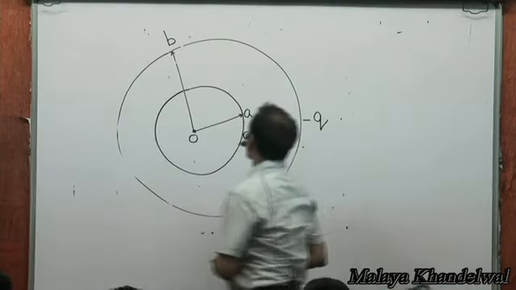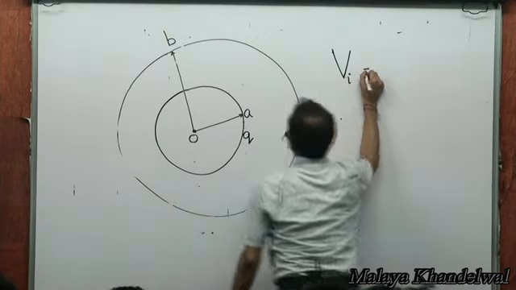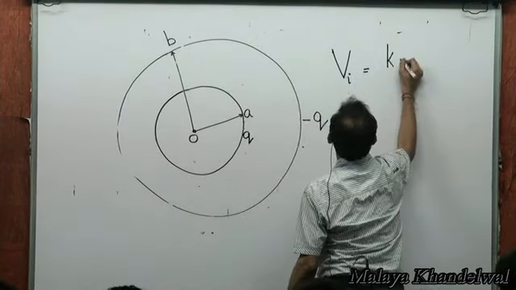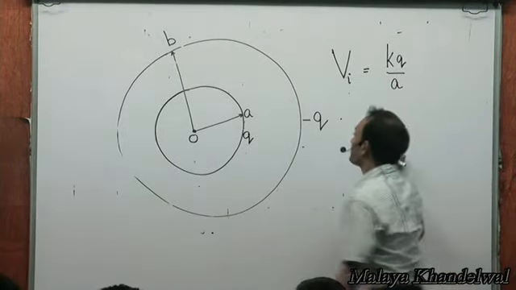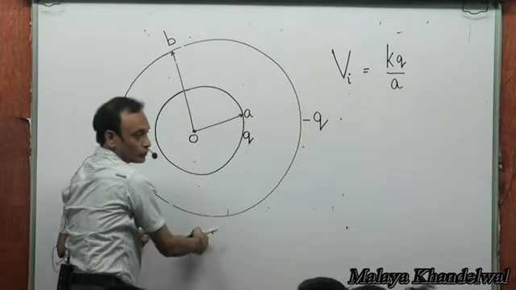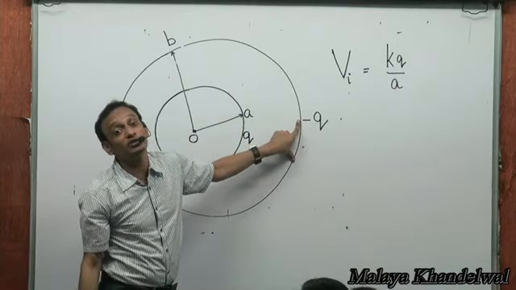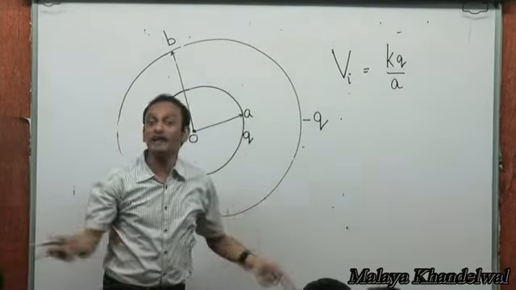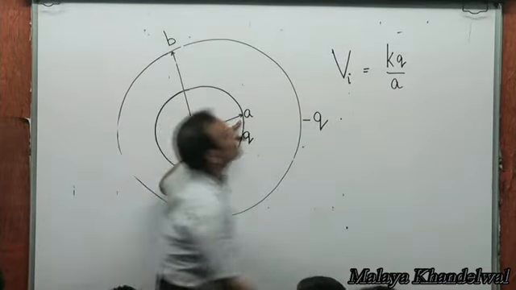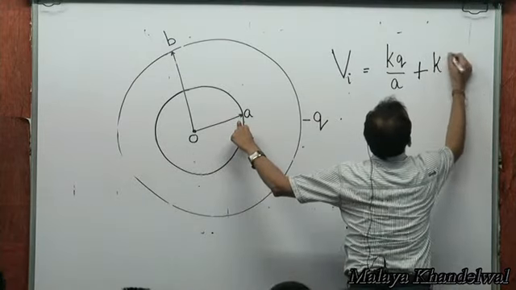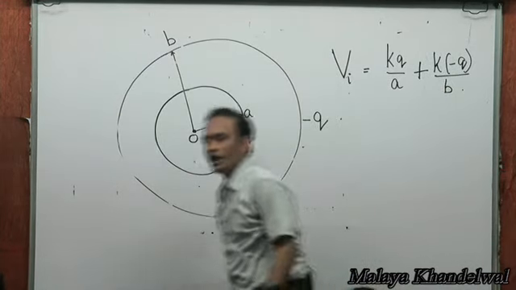Now, potential of the inner sphere because of its own charge is KQ by A. Now, imagine this charge minus Q. It produces on itself a potential K minus Q by B, and that's the potential it produces anywhere inside. Therefore, this minus Q at this point on the inner surface would produce a potential K minus Q divided by B. Yes or no?